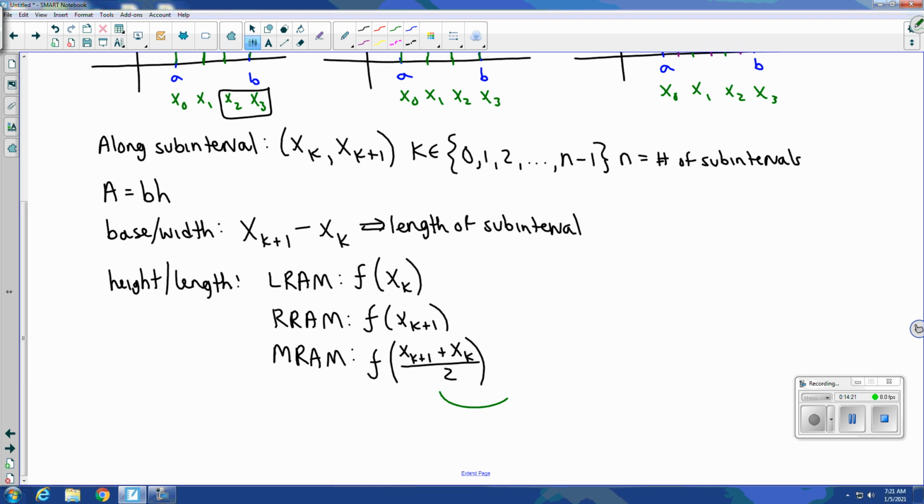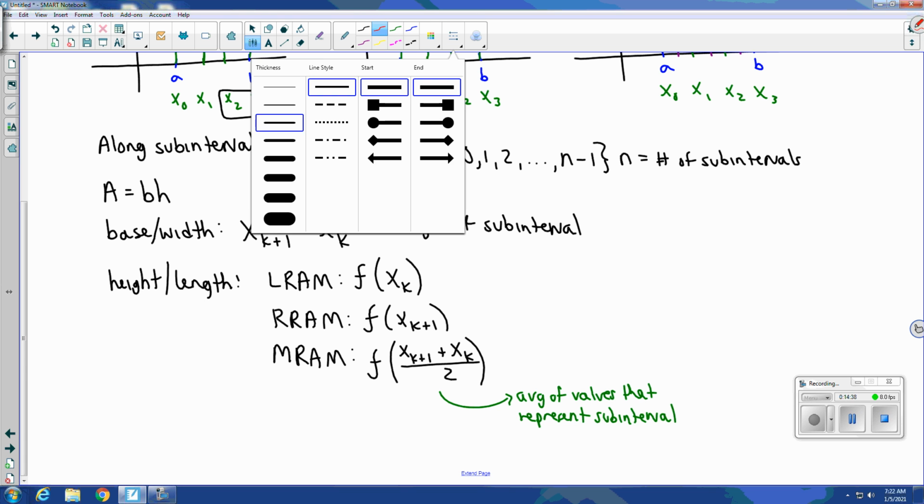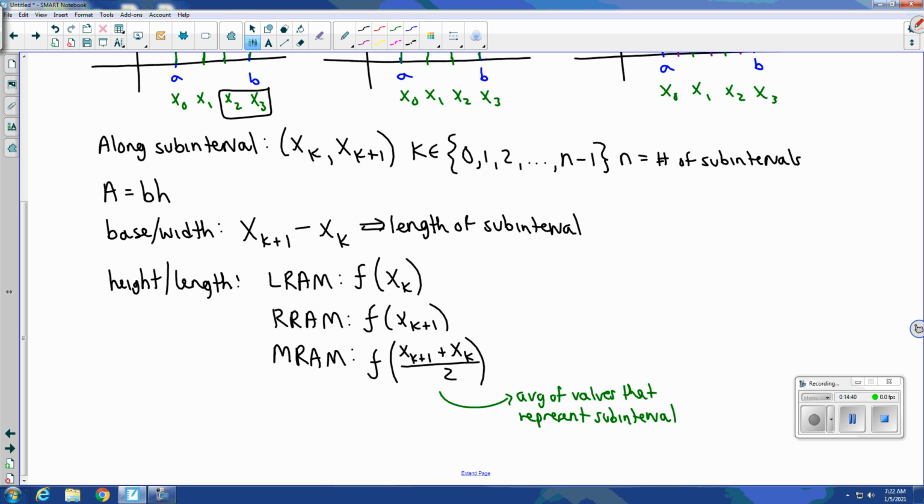That just represents the average of values that represent the subinterval. And again, this x sub k plus 1, we can see that this is our left and this is our right, and we're working left to right, least to greatest, so we know we're working in the correct direction.